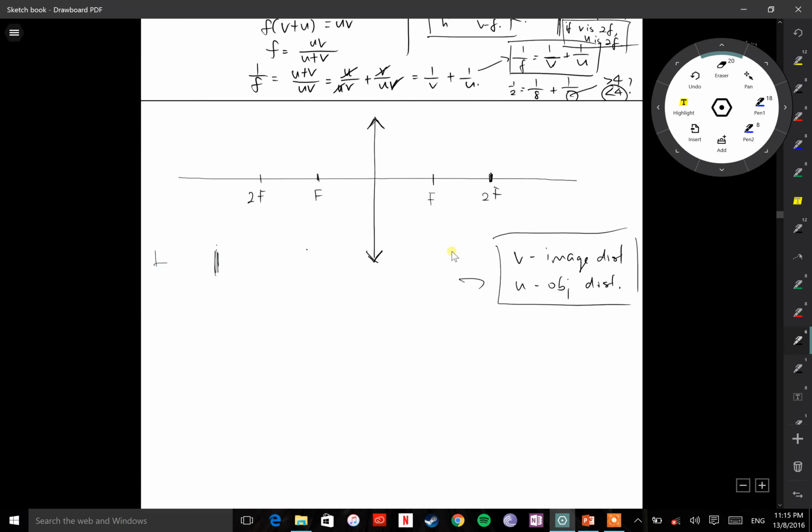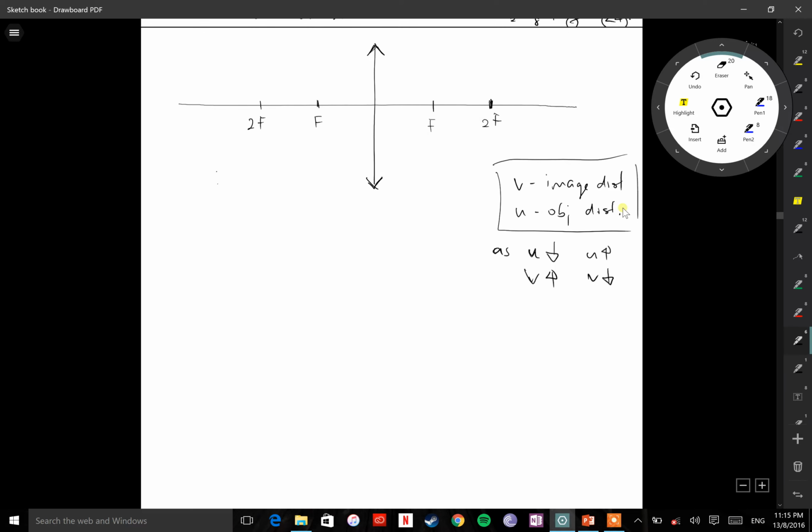Then we realize that as u decreases, as the object approaches the lens, v increases. This is the relation that we draw. Of course the opposite is true: if u increases, then v has to decrease.